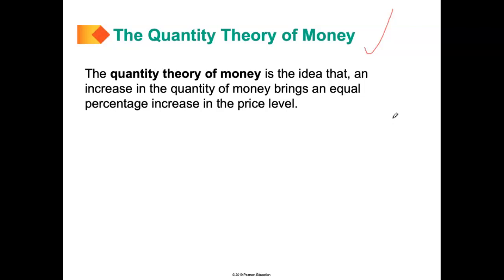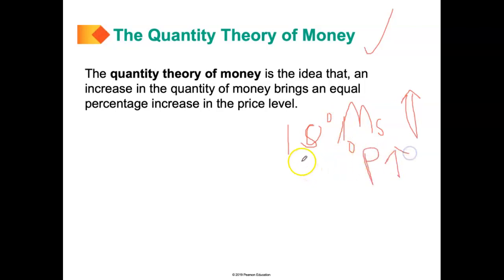So the quantity theory of money is a theory that an increase in the quantity of money, or a certain percentage increase in the quantity of money, will bring about the same and equal percentage increase in the price level. Okay, so if money supply increases by, let's say, 10%, the price level will also increase by 10%.